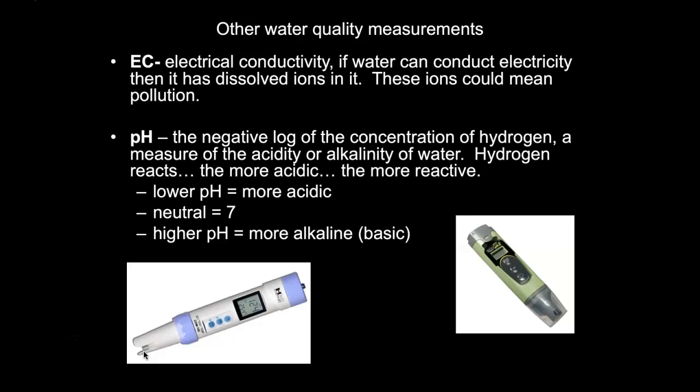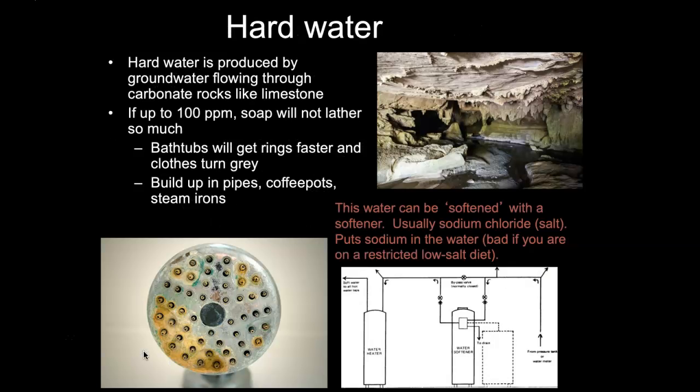It's a negative log of that concentration, so the lower the pH, the more acidic. Neutral is 7, and a higher pH is alkaline, which is a more basic solution. The acids often come from acid rain, from industry, or from acid mine drainage.